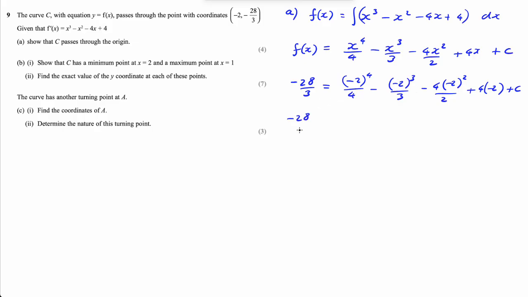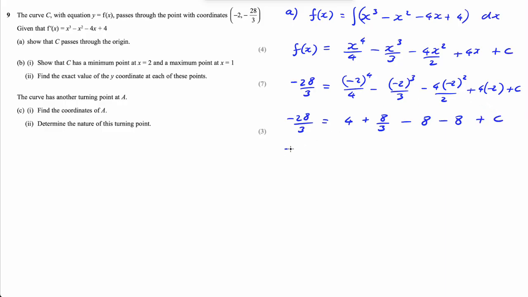Negative 28 over 3 equals, this is 16 over 4, which is 4. This is going to be plus, because there's actually 4 minuses, 8 over 3. This is going to be minus 2 times 2 is 4, 4 times 4 is 16 over 2 is 8. And then this guy is also minus 8 plus c.